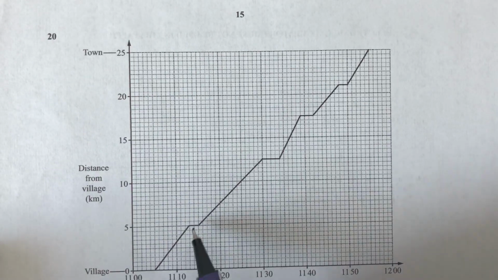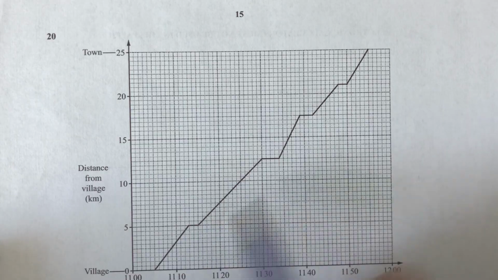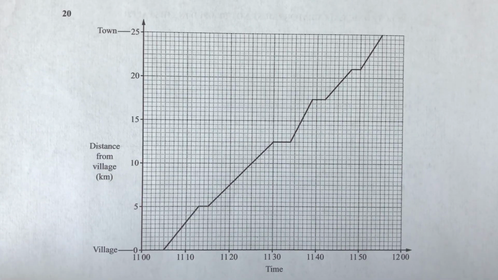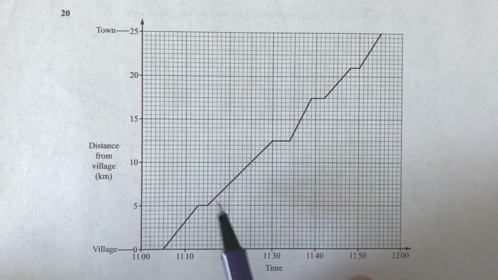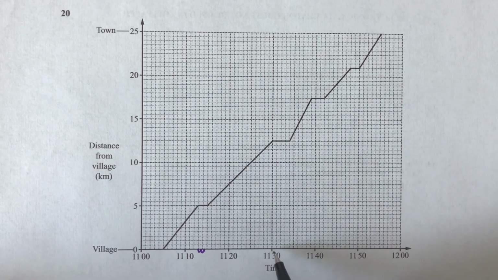On the graph you can see these horizontal lines. Those are the times when the bus was stopped. Let's count. It was stopped 1, 2, 3, 4 times. What is the time that it was stopped for? For the first stop, it was stopped for 2 squares. For the second, 4 squares.